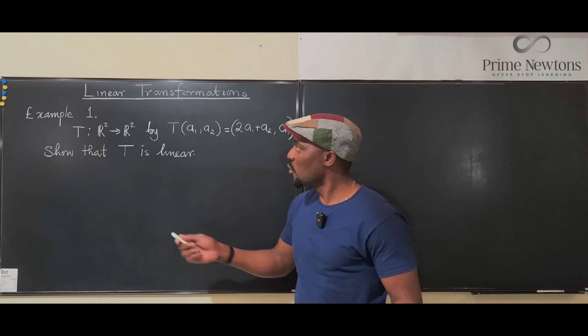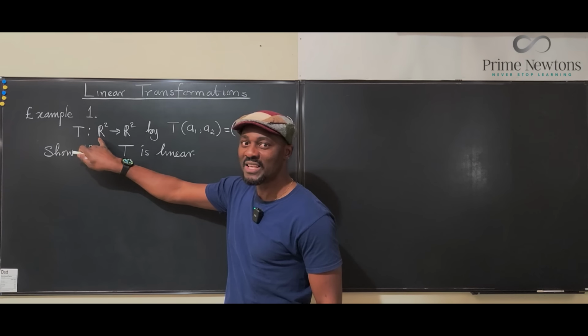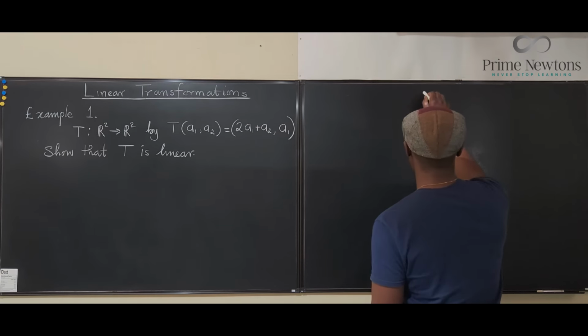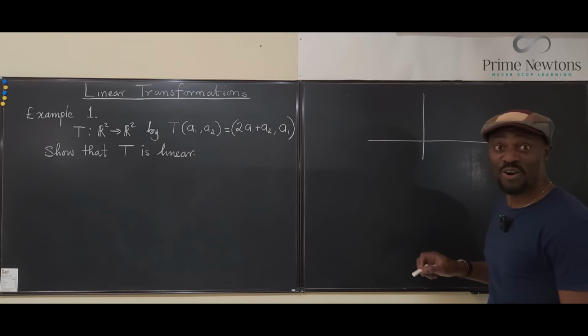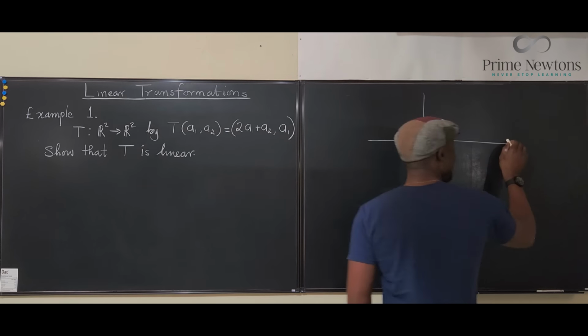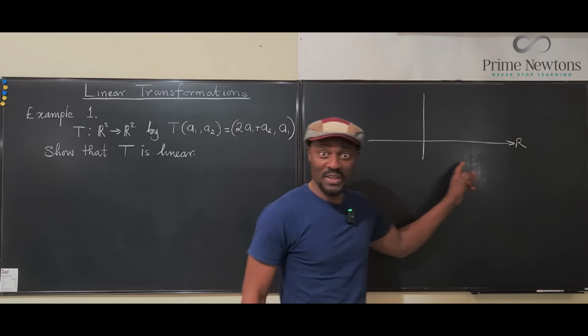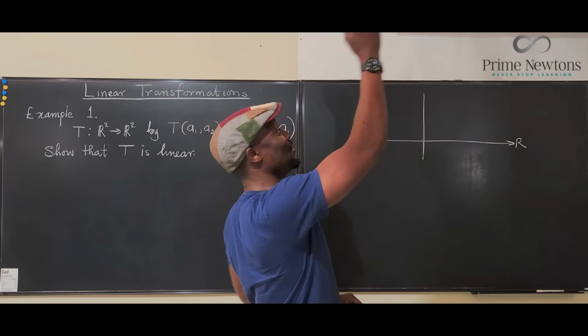Now, we have a function that takes points. You see this thing called R2? It is that thing you graph on, the Euclidean plane. So here, this is the real number line. So all real lines are on the number line. Now we find another number line and we switch it to point up.